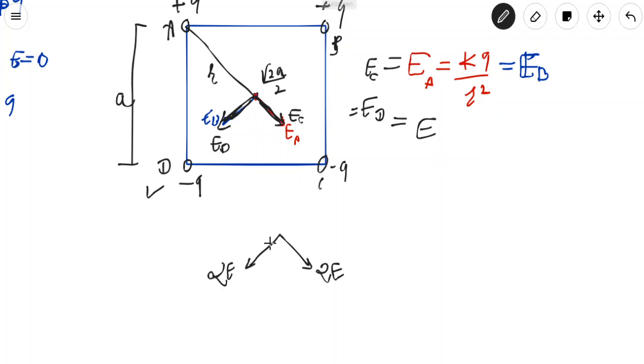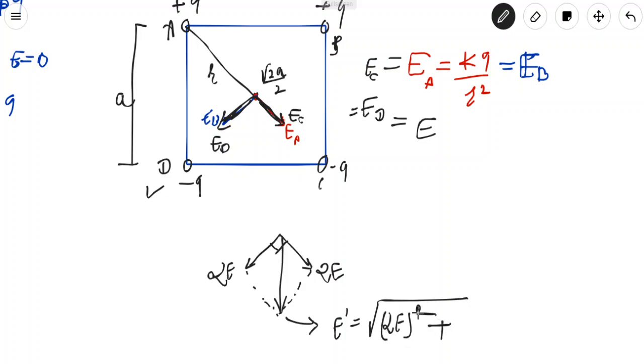And the angle between them is 90 degrees. So the resultant vector, you remember from the 11th standard, suppose the resultant vector is E dash, then it is under root a square plus b square plus 2ab cos theta, but it is 90 degrees, so we don't need that cos theta term. So here the vectors are 2E, so 2E square plus 2E square.